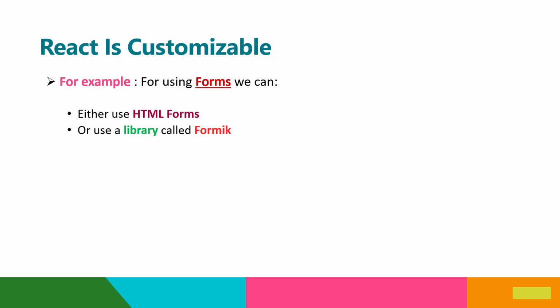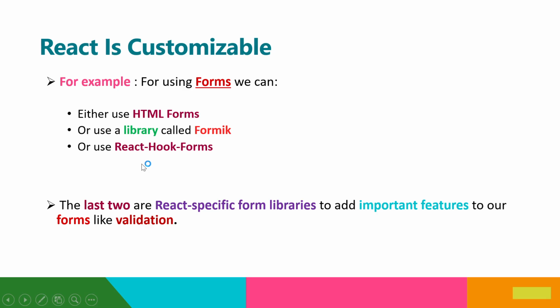You already know the label tag and form tag; these are required for this course. So I am assuming you have already learned HTML, CSS, and JS, or we can use libraries like Formik, which provide us forms. The last two are React specific libraries that add important features to our forms, like validation.